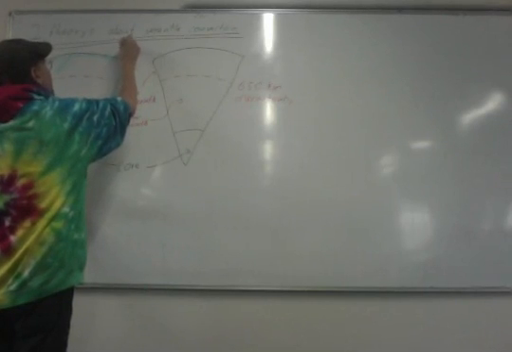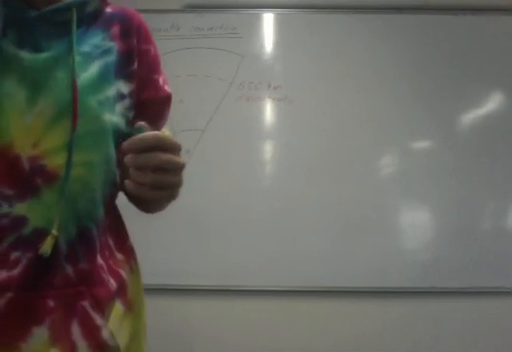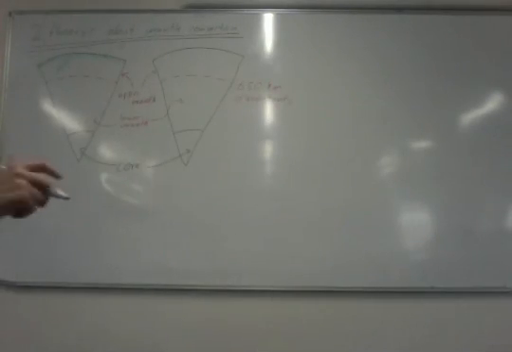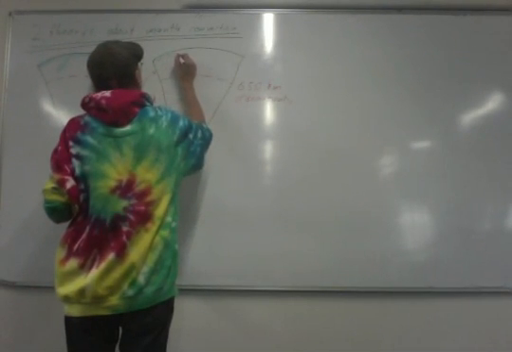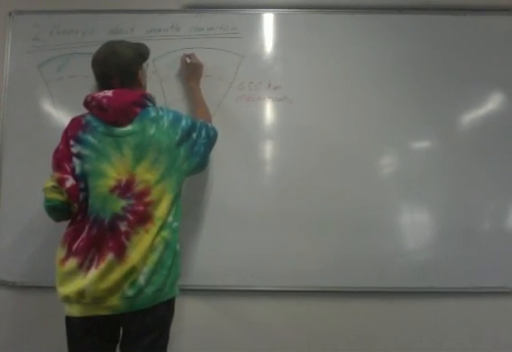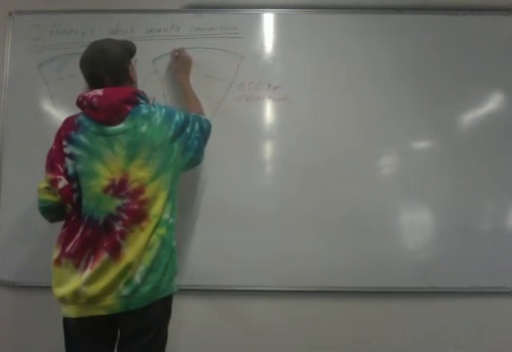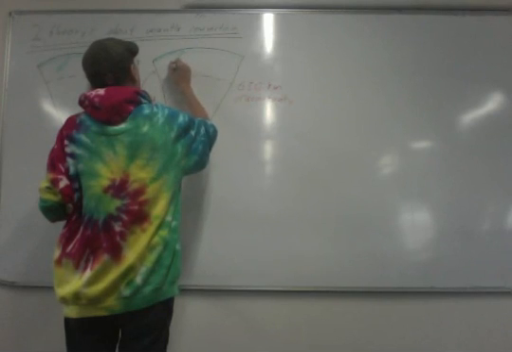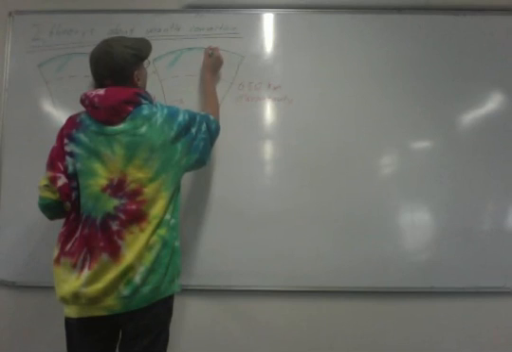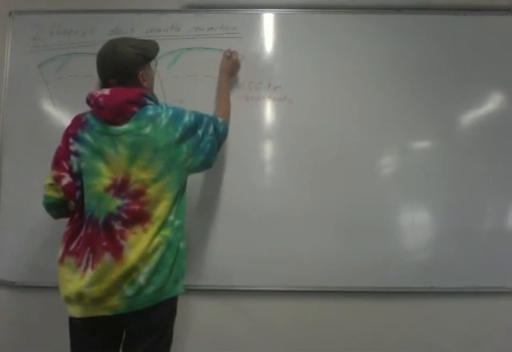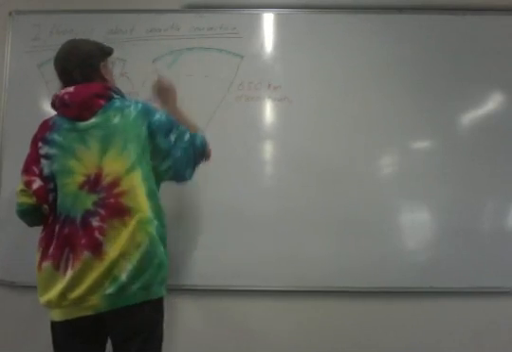I'm marking this with OC, you know this by now, that is the oceanic crust. So and here we are making the same. So that is here also the oceanic crust.